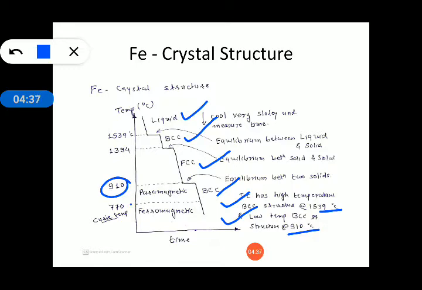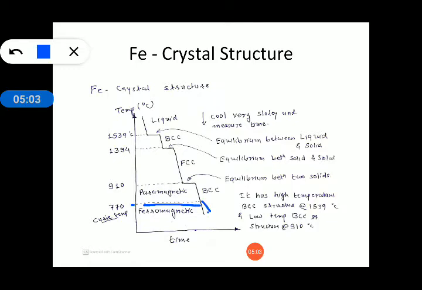You will also find that at the temperature of 768 degree centigrade, this temperature is called the Curie temperature. If you cool down below it, only then ferromagnetic property is there, and above this Curie point the iron will lose its magnetic property and it is called paramagnetic.